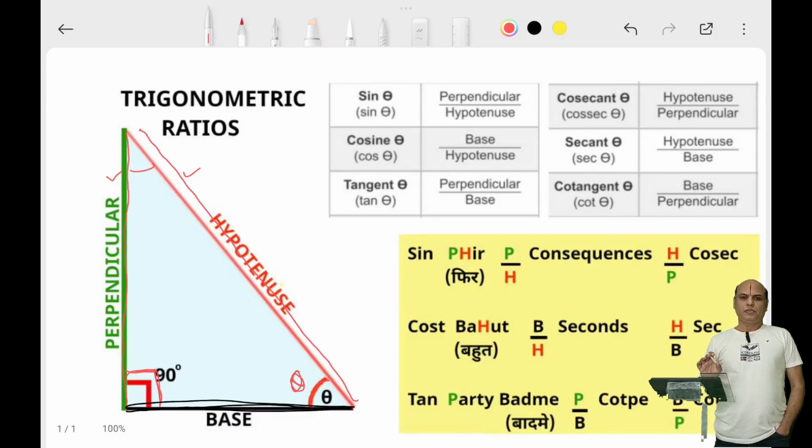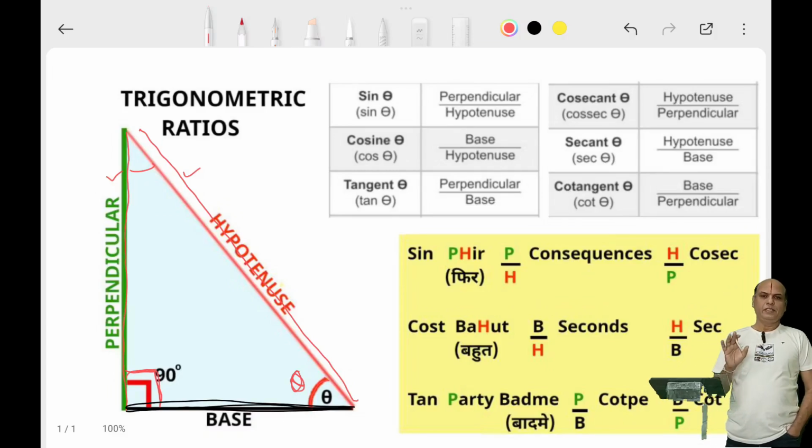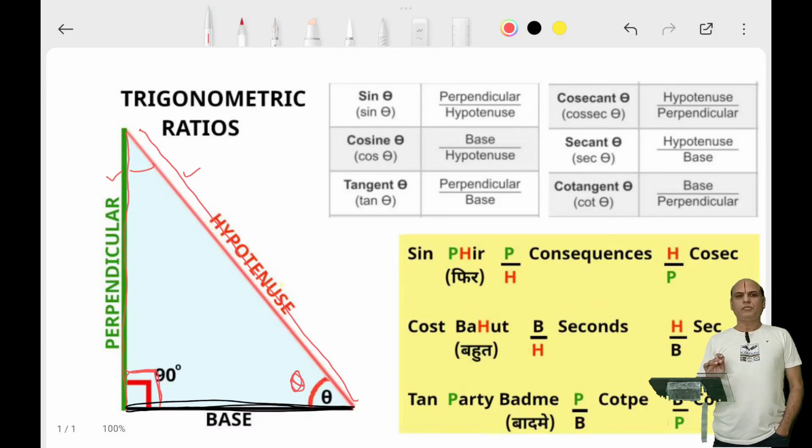these ratios, there are three sides, so there could be around 6 ratios. These ratios are found to be constant, and these ratios are named as shown in the figure.